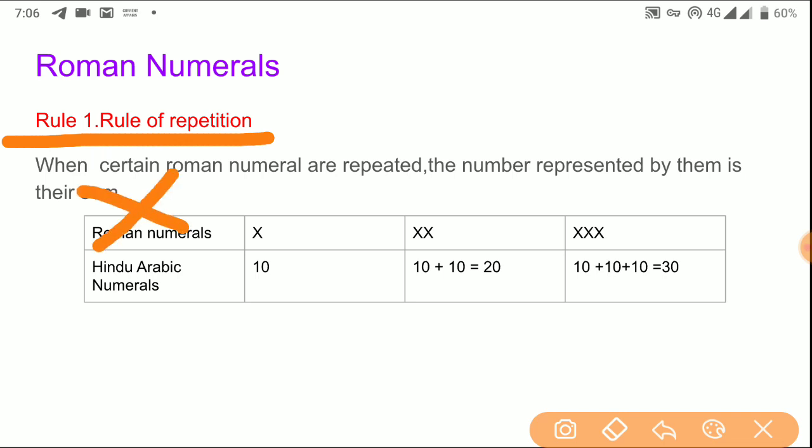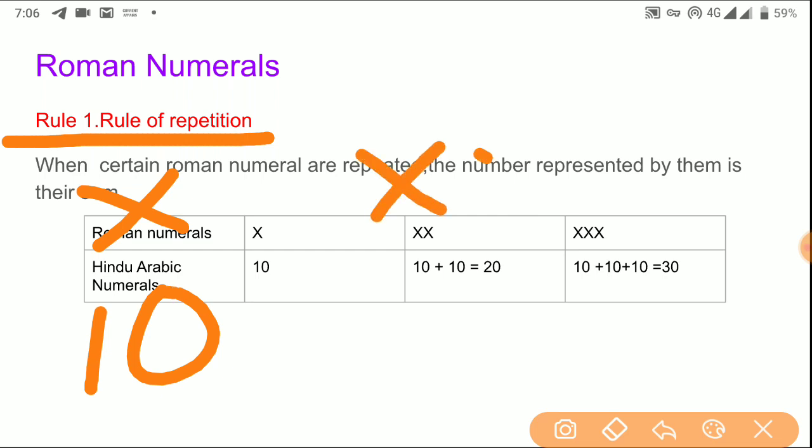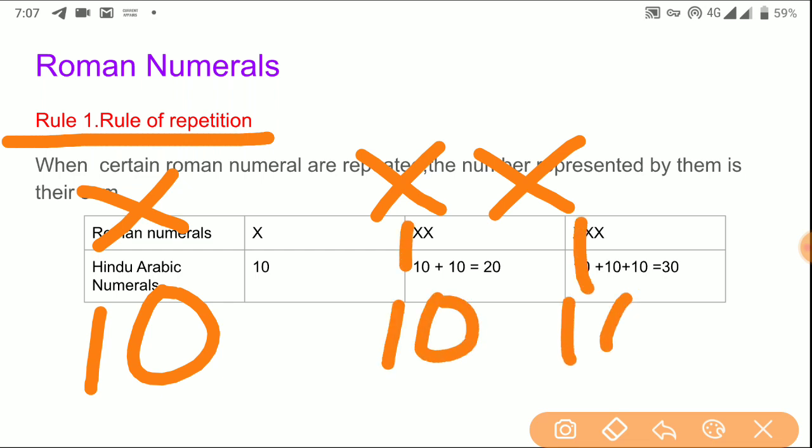Let's understand this with an example. Now let's take X. Value of X is what? 10. Suppose X is repeated twice. So what will be the value? You know this X value is 10, this X value is 10.